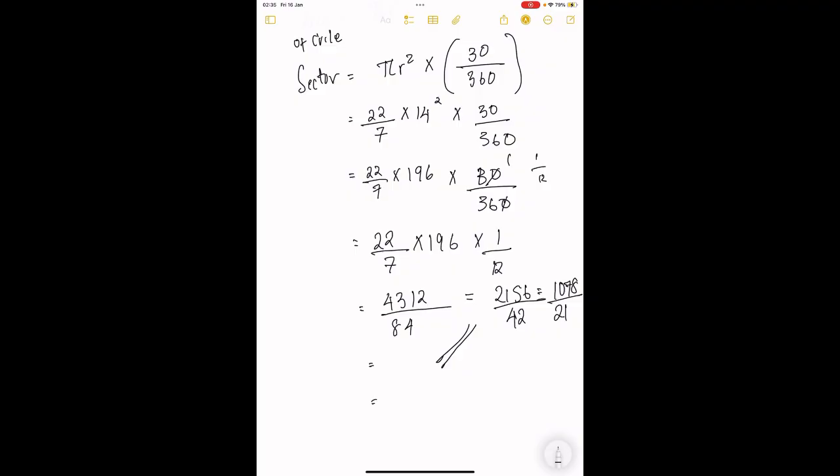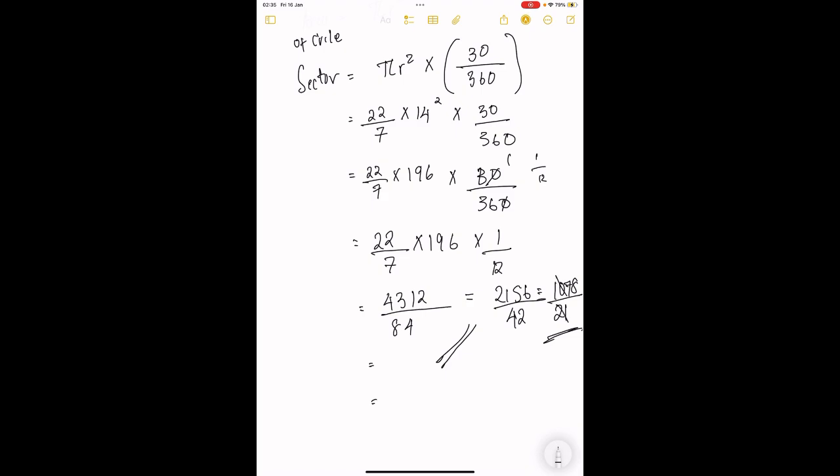And then we check if it's divisible by 3. It's not divisible by 3. Let's see, 21. I think this is divisible by 7.